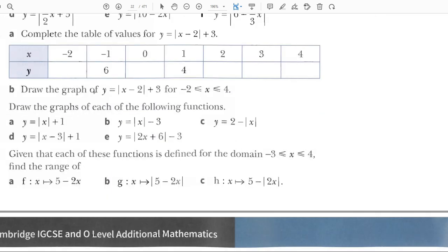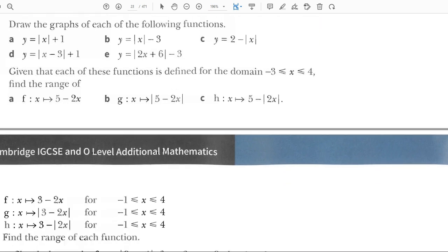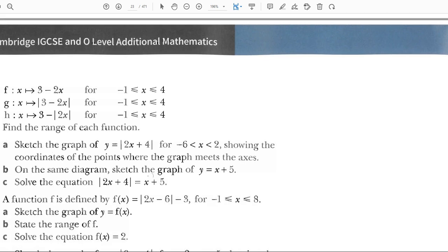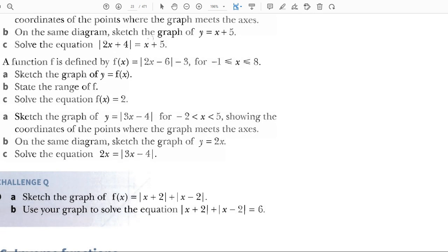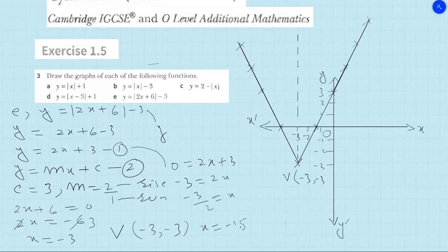Today we have done question number 3, then question number 4 which we will do next class, 5, 6, 7 and 8. So 5 questions remain in this exercise. I promise you we will do all questions.